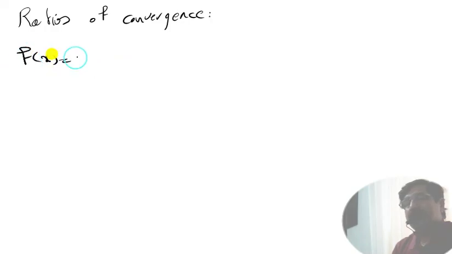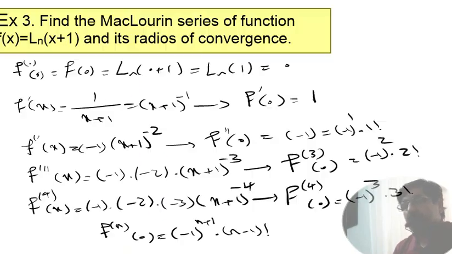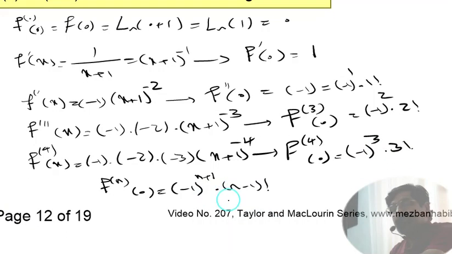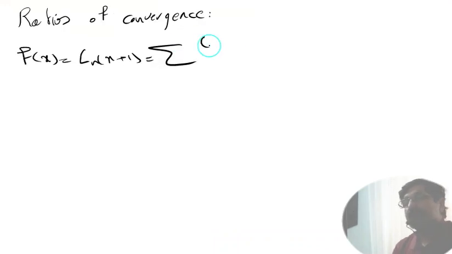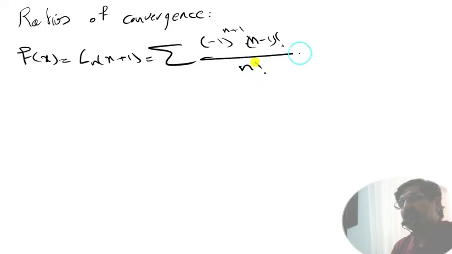f of x, ln of x plus 1, is, we want to substitute this one: the sum of (minus 1) to the power of n plus 1 times (n minus 1) factorial, over n factorial, times x to the power of n, from 0 to infinity.